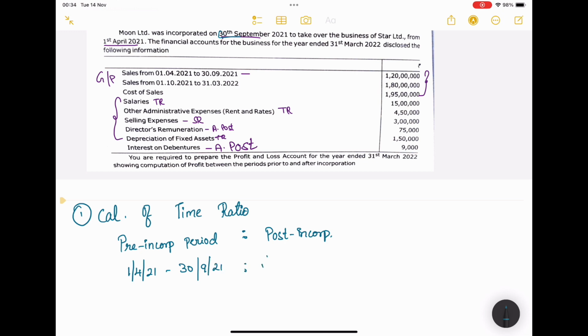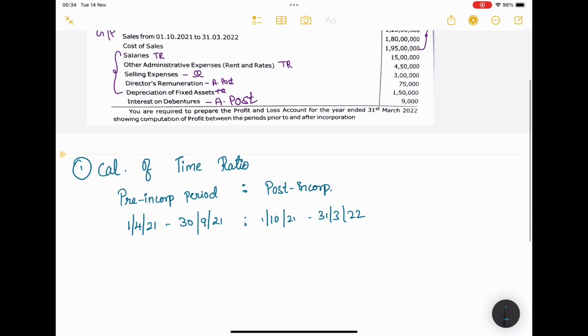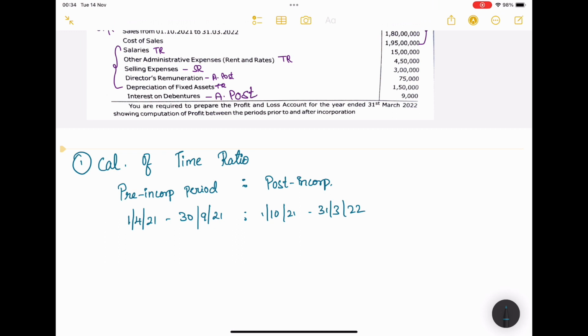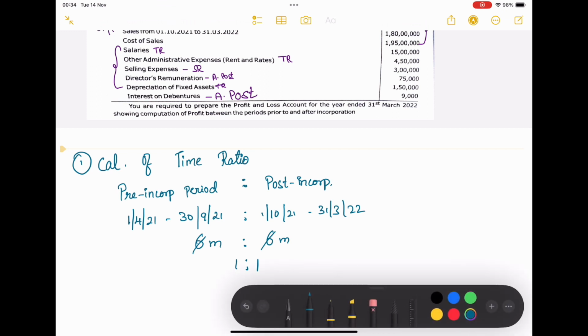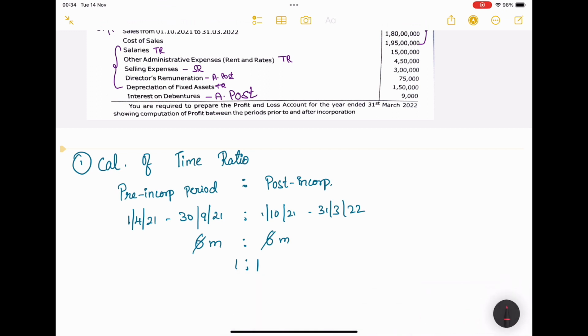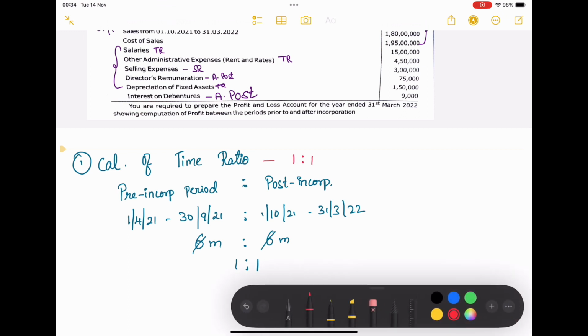From 1st October to 31st March is where my books of accounts end, isn't it? So this is how we calculate. From April to September: April, May, June, July, August, September, so we have 6 months. The remaining 6 months are in the post-incorporation period, which means a 1:1 ratio. So the time ratio is 1:1. We have calculated the value now.